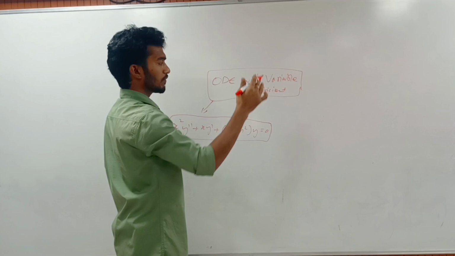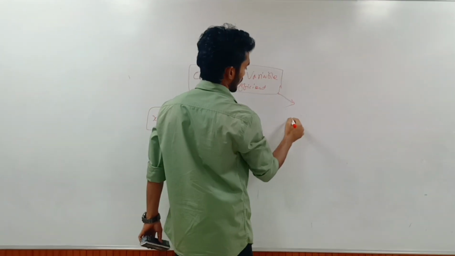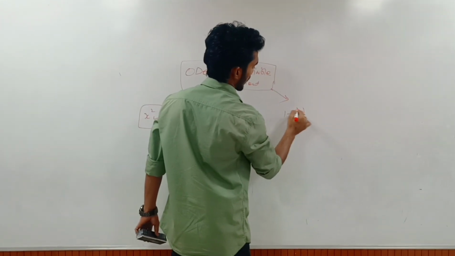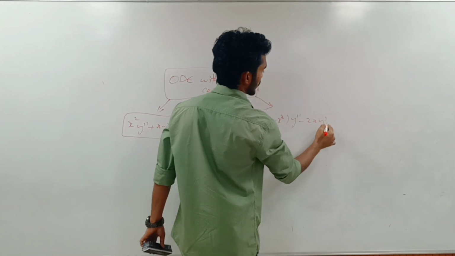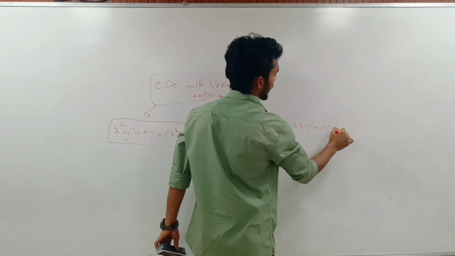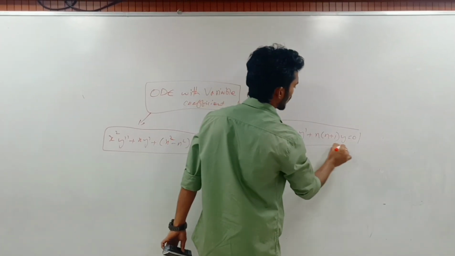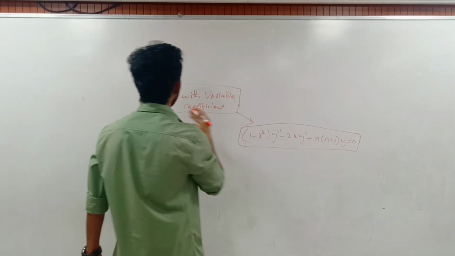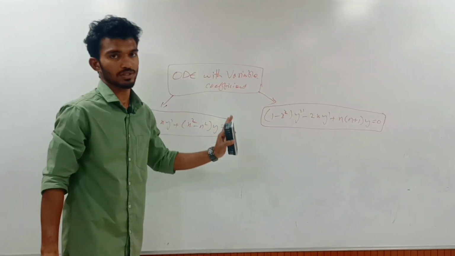And another standard form is (1 − x²)y'' − 2xy' + n(n+1)y = 0. It is another standard form which we come across when we solve for these solutions, right?